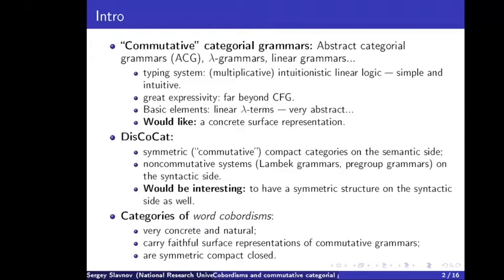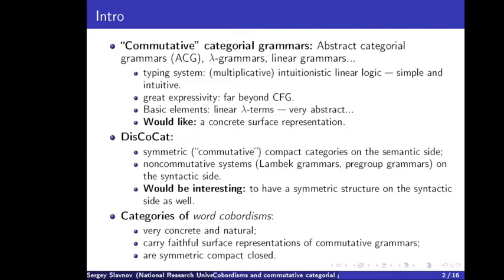Okay. So the best known categorial grammars, logical grammars, are, so to say, non-commutative, like Lambek grammars. So they use non-commutative logic or non-symmetric monoidal categories. And there is a more recent approach using commutative systems like abstract categorial grammars, ACG, which are based on the ordinary intuitionistic linear logic and linear lambda calculus.